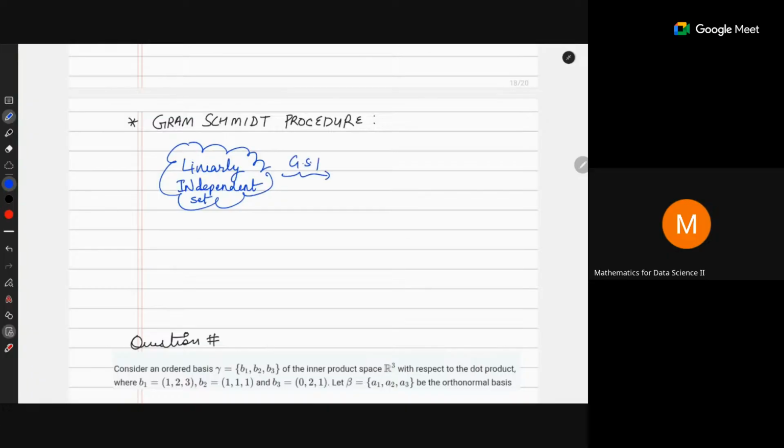It is the Gram-Schmidt procedure, and it will give you an orthogonal subset or an orthonormal subset. All right, so this is what it does.